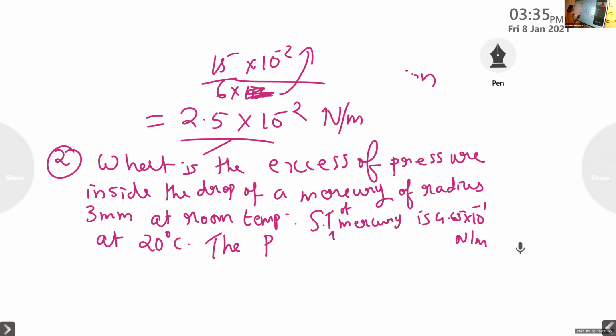The atmospheric pressure, I am writing as PA, that is atmospheric pressure is 1.01 into 10 to the power of 5 Pascal.